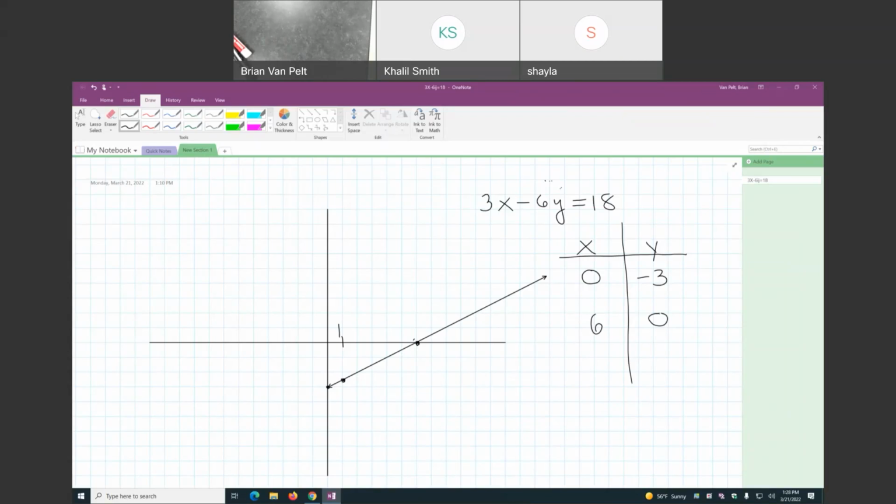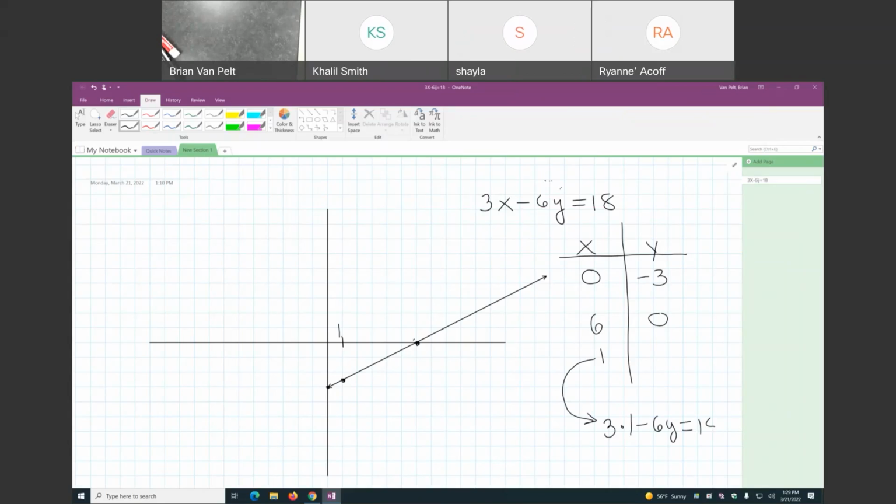What is it actually? Well, look, I'm going to allow x to be equal to 1 because I know that's what x equals. What's the y value? We're going to replace x with 1. So if I put 1 in for x, this is the equation I get. Three times 1 is 3, so this leads me to the equation -6y equals -15.